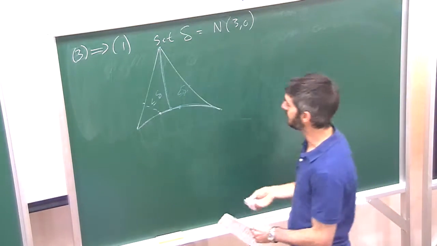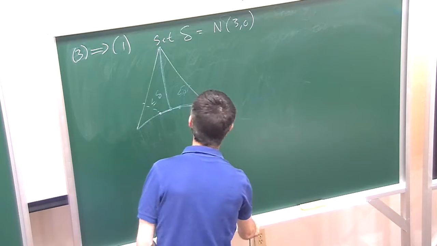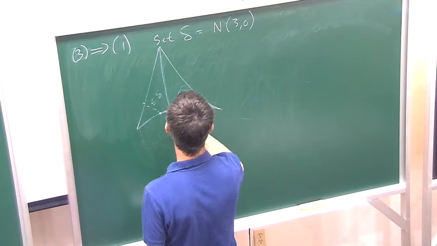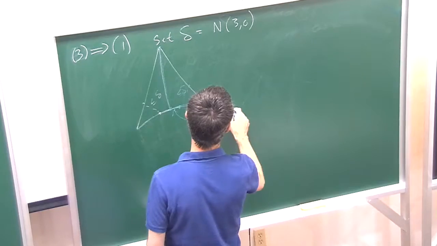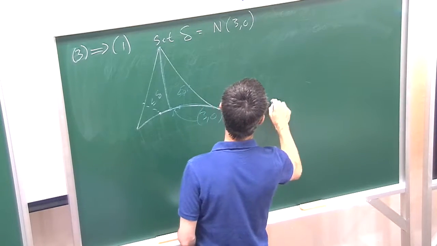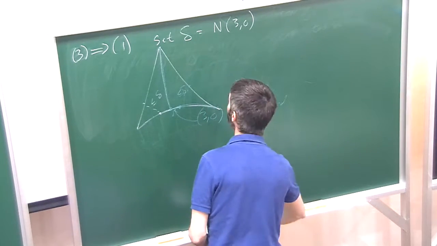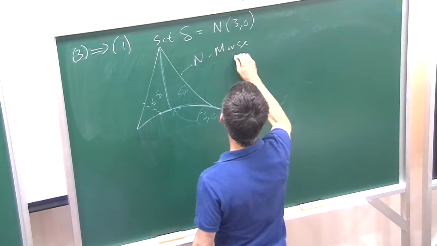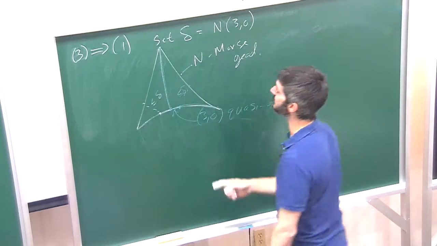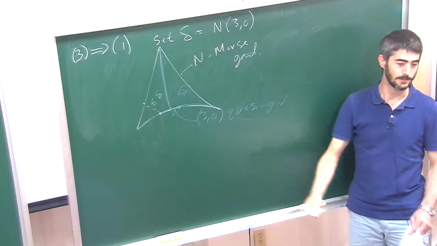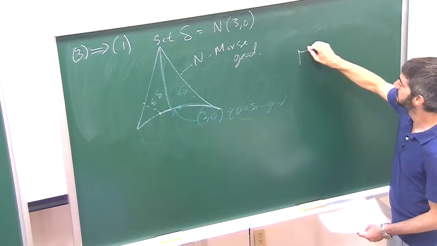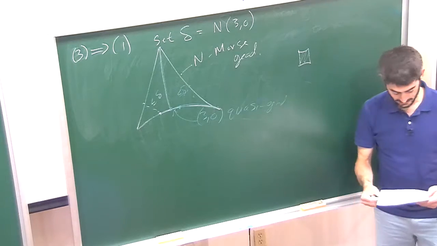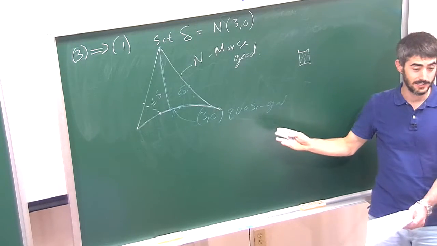Okay, so maybe the point is to just emphasize that this is a (3, 0) quasi-geodesic, and this is an N-Morse geodesic. That's our assumption that every geodesic is N-Morse. Okay, all right, so that's my proof. Great. Any questions?